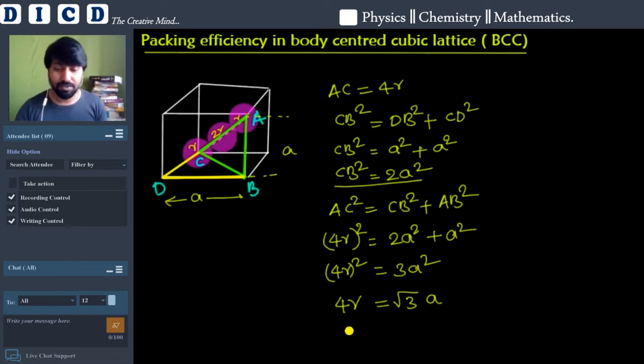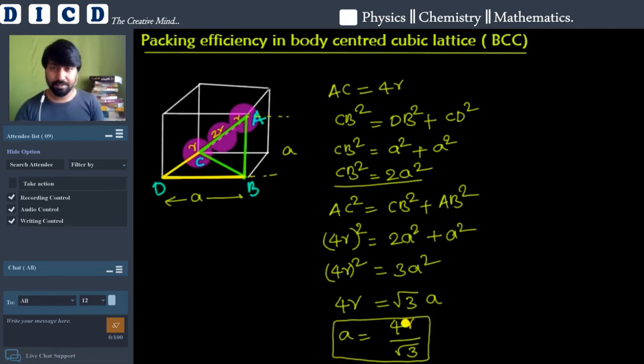Now we're going to solve here. A is equal to 4R divided by square root of 3. This is the equation which gives the edge length in terms of the radius of the spheres or atoms present in the BCC. Okay, we move to the next part.